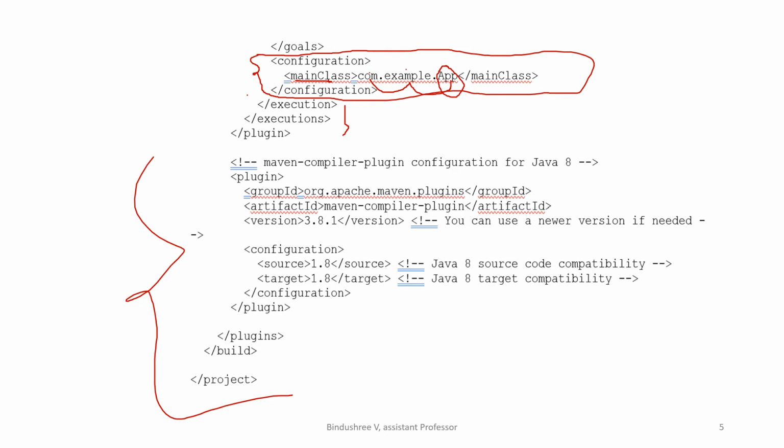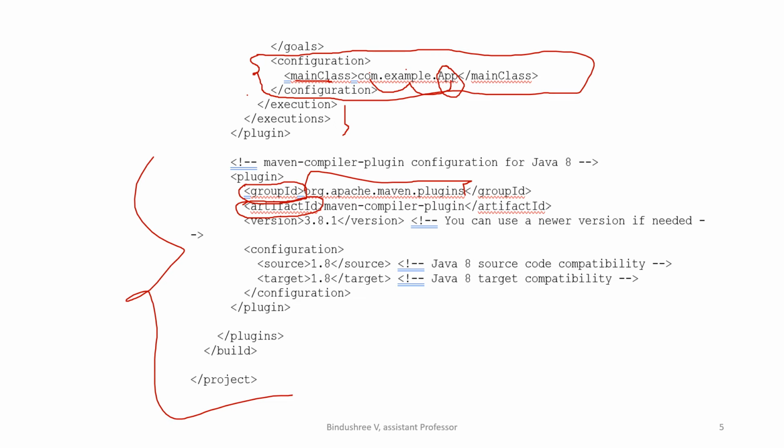How do we add the compiler actually? Like before, you should write the group ID, which is nothing but from which domain you're going to fetch that compiler plugin. Inside the group ID tags you are supposed to write the complete address. And the artifact ID is the name of that plugin.